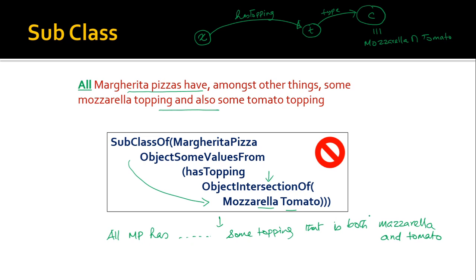So this particular structure is the representation for that statement, but not for the earlier statement, right? So we need to be very careful. This can come out of intuition, that we can take the intersection of mozzarella and tomato and make that the value for the some-values-from restriction. So we need to be careful in this kind of scenario, right?